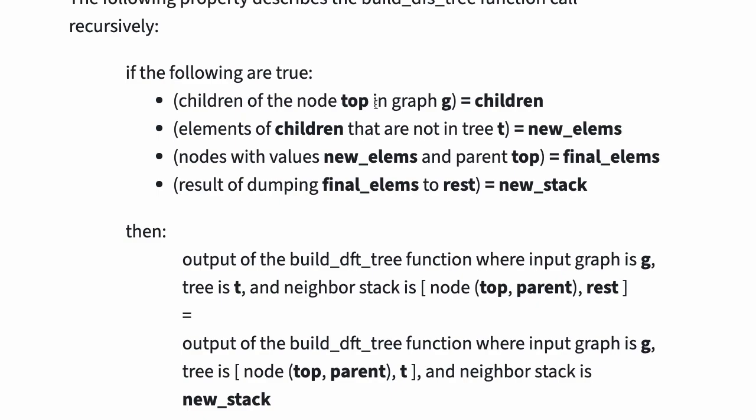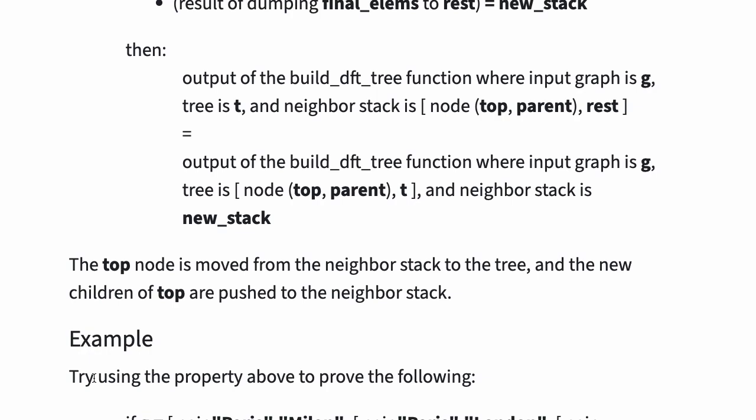If children of the node top in graph G is equal to children, and elements of children that are not in tree T is equal to new LMs, and nodes with values new LMs and parent top is equal to final LMs, and the result of dumping final LMs to rest is equal to the new stack, then the output of the build DFT tree function, where input graph is G, tree is T, and neighbor stack is node top, parent, and the rest, is equal to the output of the same function, where the graph is still G, the tree is node top, parent, and T, and neighbor stack is new stack.